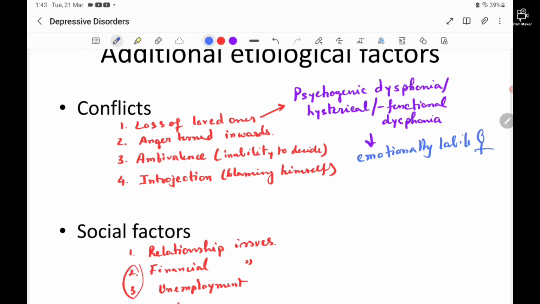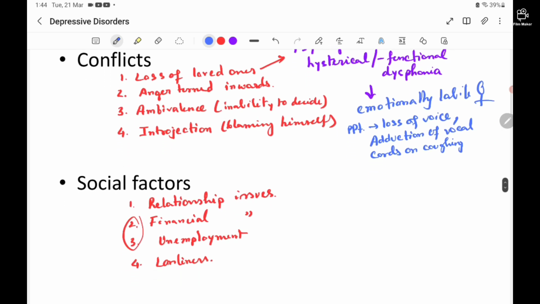In emotionally labile females, the presentation will be loss of voice, and adduction of vocal cords on coughing, and there will be a history of stressful events.